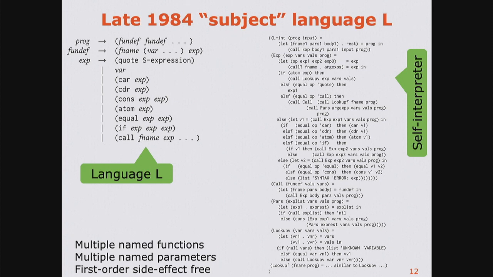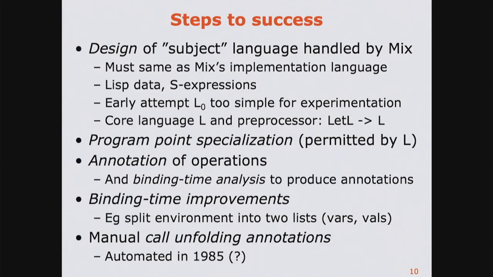A function definition is a function name, a list of parameters and an expression. And here's a self-interpreter in this language. It's twice as long as the other one, but this was manageable. And just the convenience of having names for things was extremely important for experimentation, because we needed to make a lot of experiments to get anywhere.